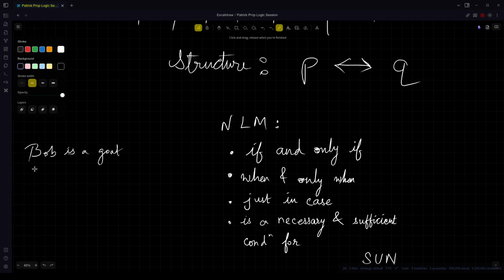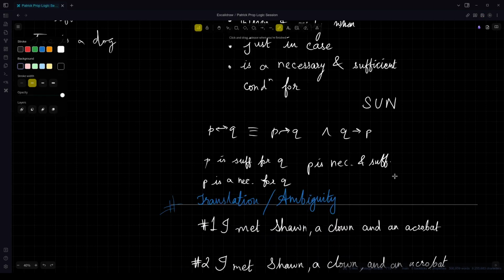Bob is a goat if and only if Joe is a dog. And each of them can be swapped around. We talked about this mnemonic, right?